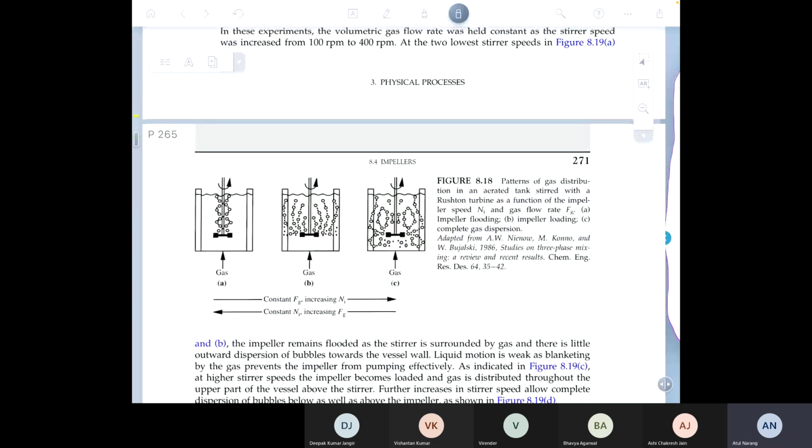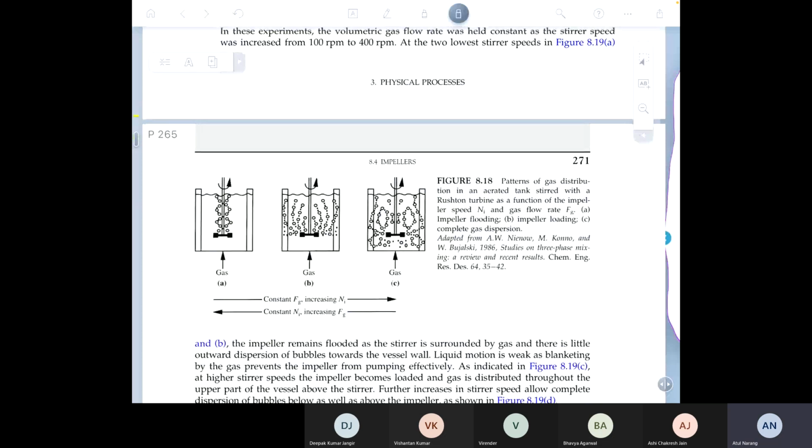They have done this for both Rushton impellers and pitched blade impellers. But I want to go straight away to this figure. So we are now already at the point where we are considering the first major problem, and that is how do you ensure that you have good mixing of the gas in a reactor, right?